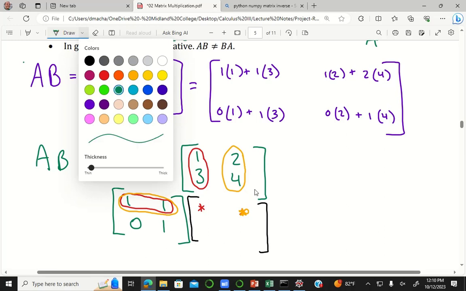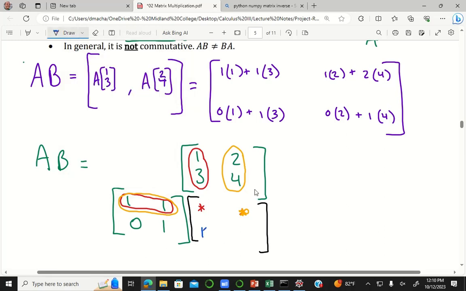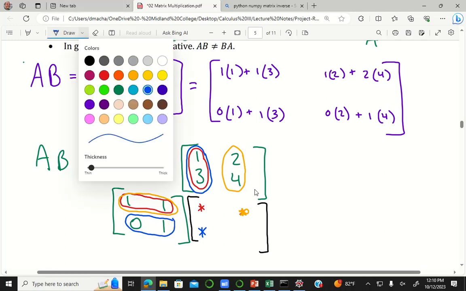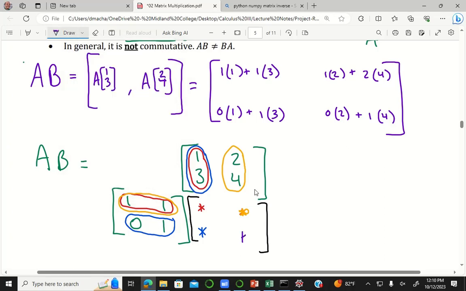And if you want this entry, we take the dot product of this column and this row. And then last thing is choose a nice purple, I guess. If I want that entry, I take the dot product of that column with that row. Does that help? Or is that just as confusing?